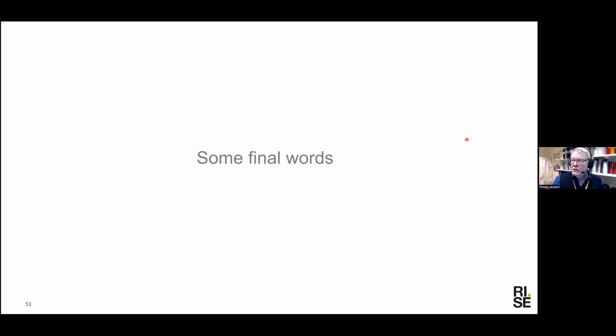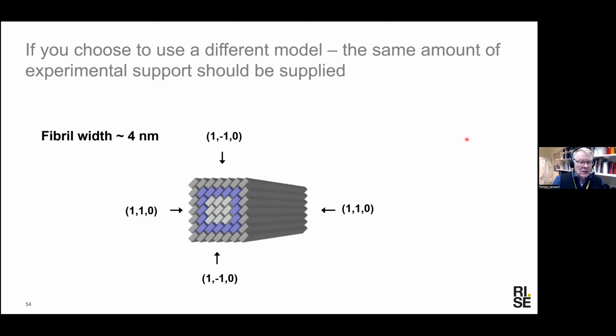Some final words. I will round this off, and I will come back to this model we have been using for a long time. Several people have tried to falsify it, including us, and we haven't succeeded. The point here is that this model is built on so much experimental support.